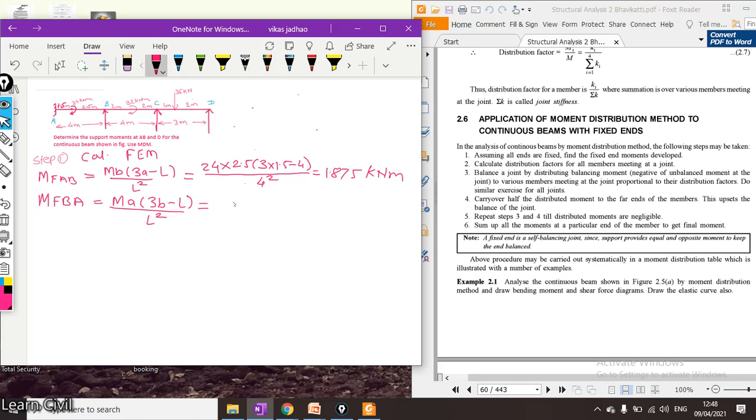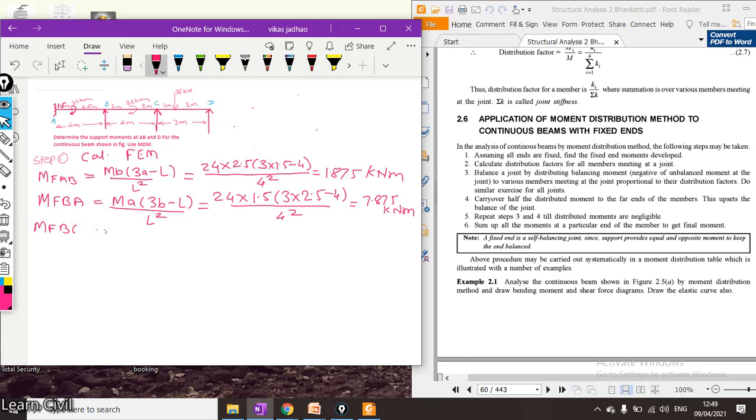So this is equal to 24 is the moment acting multiplied by A is 1.5 into 3 into 2.5, that is B, minus 4 divided by L square, that is 4 square. So this will be equal to 7.875 kilonewton meter.